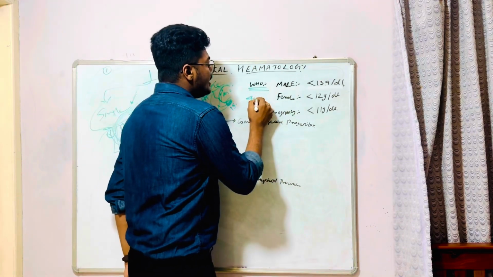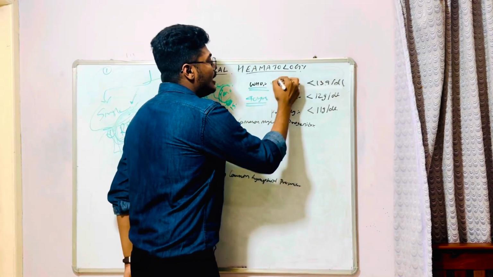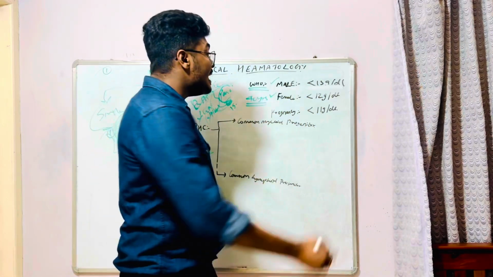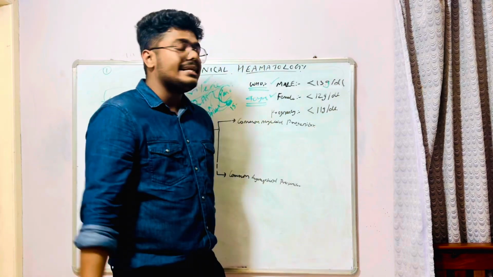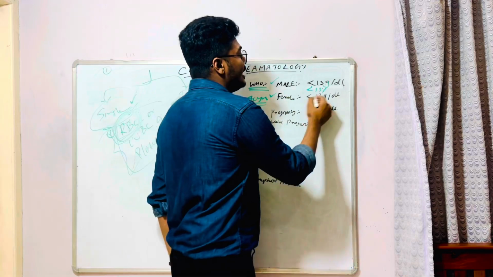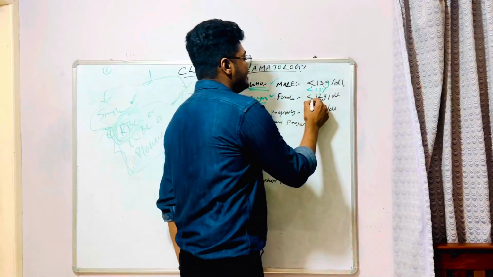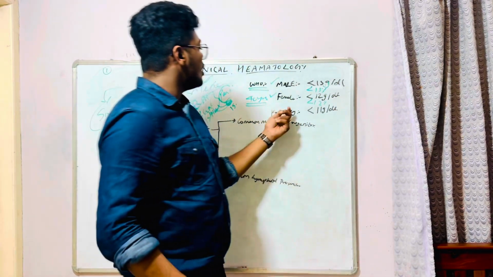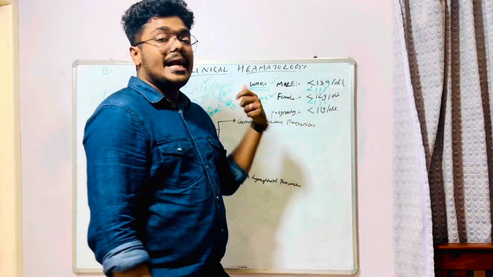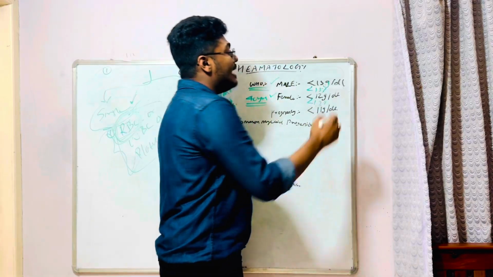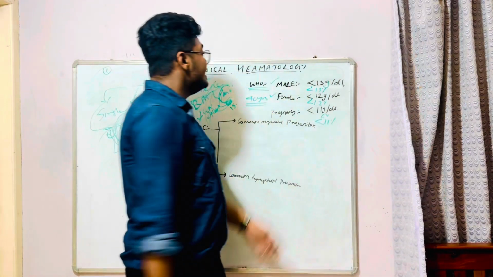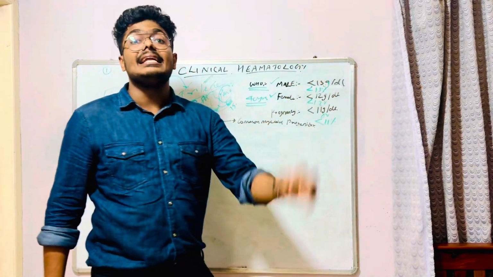For an adult male, it is a hemoglobin level less than 13 gram per deciliter, and for a female less than 12 gram per deciliter, and for a pregnant female, males won't get pregnant, right? For a pregnant female, it is less than 11 gram per deciliter, then we will be calling that person anemic.